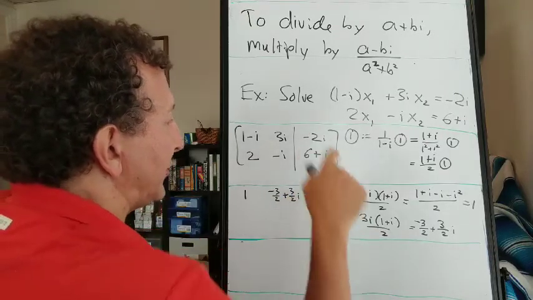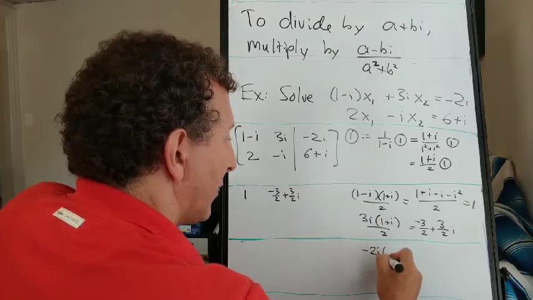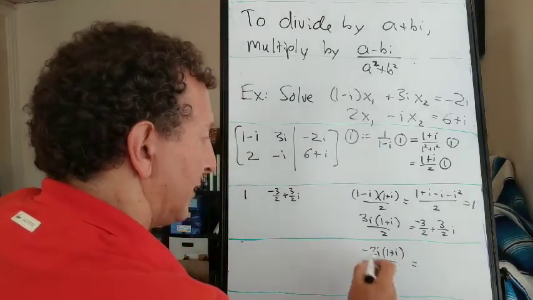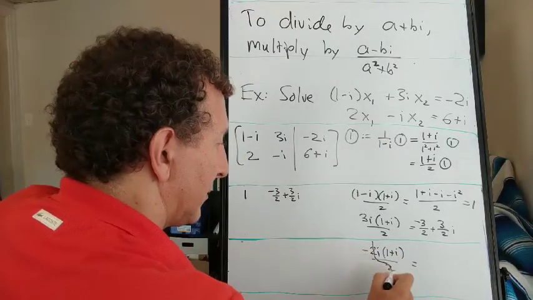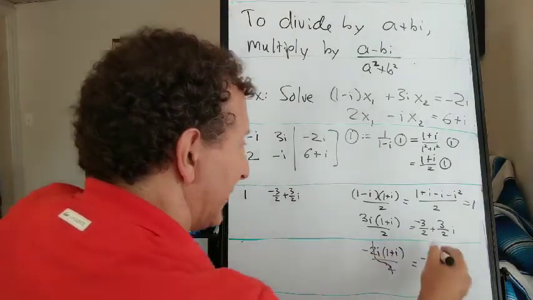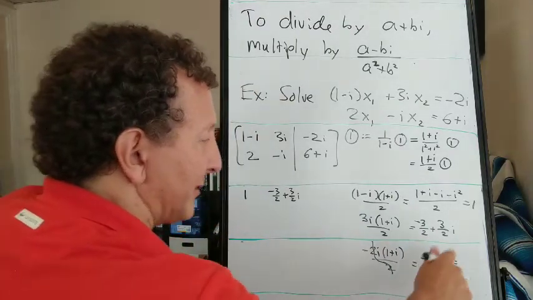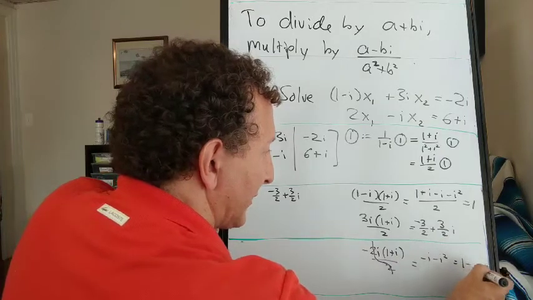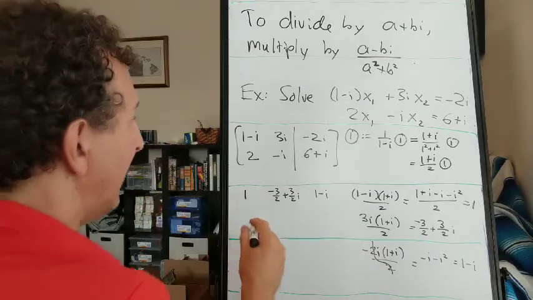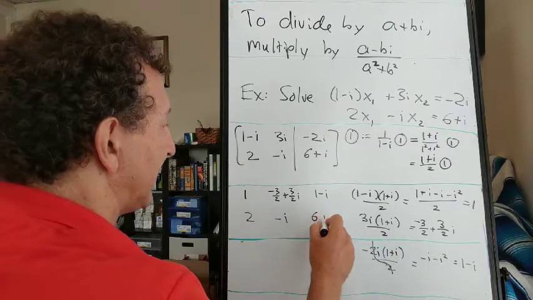And then finally minus 2i times 1 plus i over 2, the 2's cancel, and we've got minus i squared. i squared is negative 1, minus i squared is positive 1, so 1 minus i. And then the second row is what it was before, 2 minus i, 6 plus i.